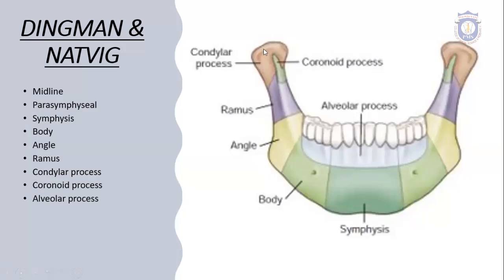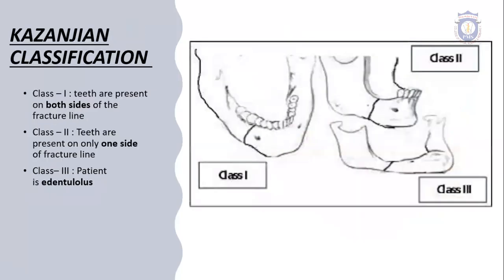And beyond the ramus area, we have the condylar process as well as the coronoid process. So fractures occurring in these areas are known as symphyseal fracture, parasymphyseal fracture, body fractures, angle fracture, condylar fractures and ramus fractures. Okay. So three classifications we have finished.